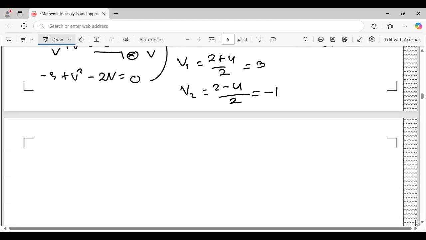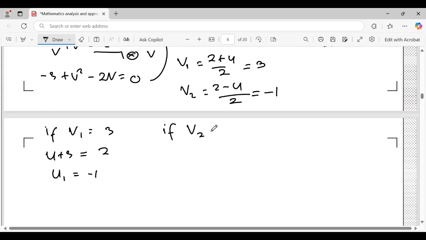To find u, if v1 equals 3, then u plus 3 equals 2, and u1 equals minus 1.